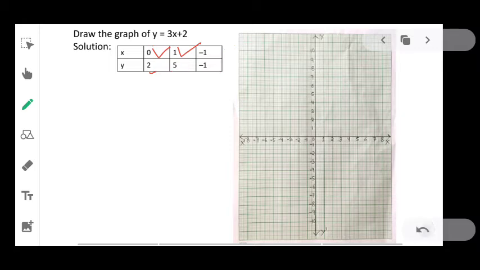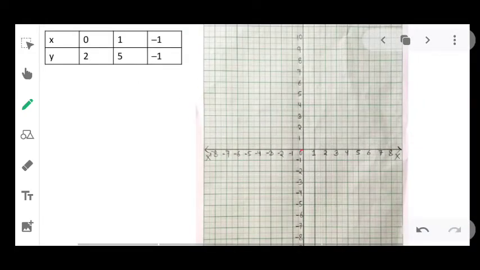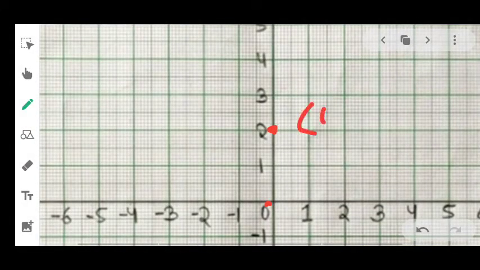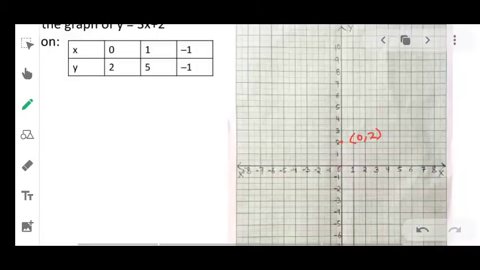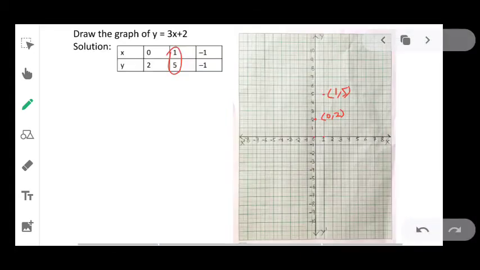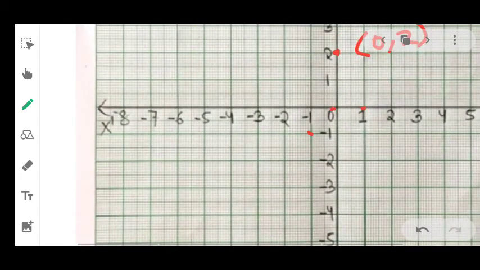So this is 0, 2, and then 1, 5, then minus 1, minus 1.